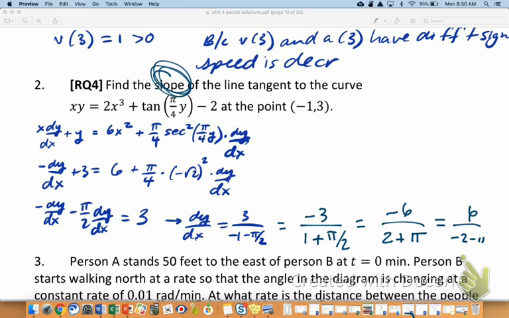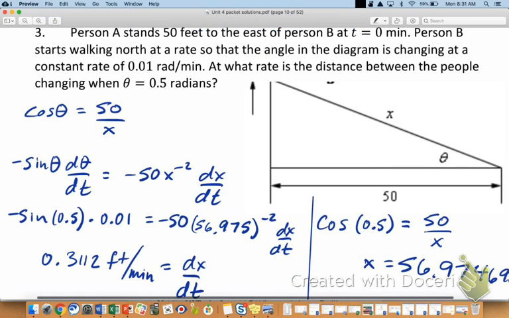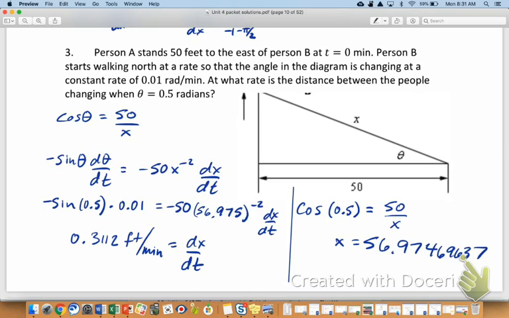So then I lost the top of my page. There we go. So then the last one was that related rates question. And so here is my solution for that. My solution appears in the lower left. I did a little bit of work off to the side to figure out my x at the freeze frame moment.